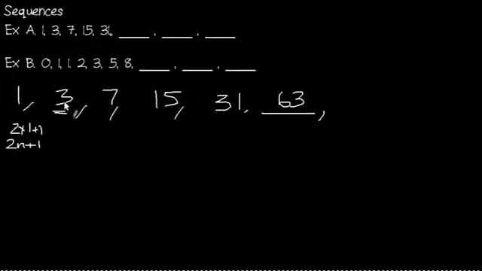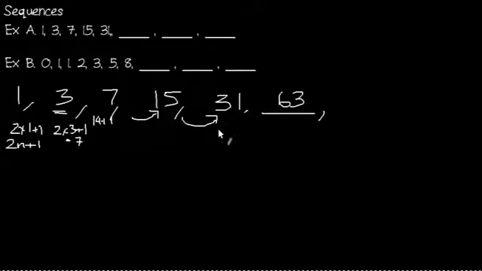So instead of n, this one is going to be 2 times 3 plus 1, 2 3s is 6, plus 1 is 7. 2 times 7 plus 1, 2 times 7 is 14, plus 1, 15. 2 times 15 is 30 plus 1, 31.